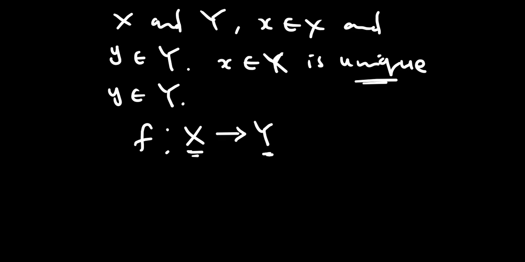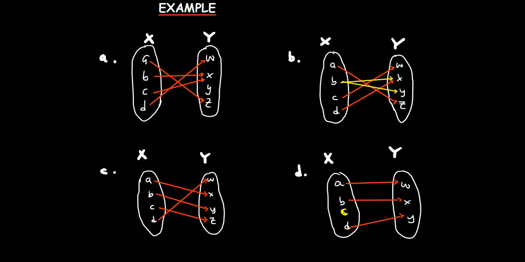Now let us identify some of these questions. We have these examples here, so let us identify which one is a function and which one is not. From the definition, for every x there must be a unique y in the set y.